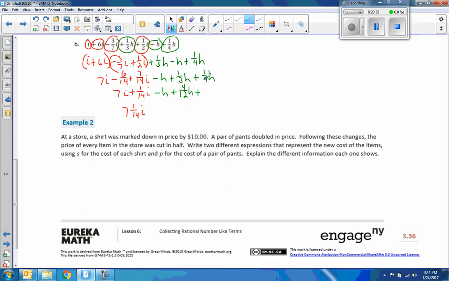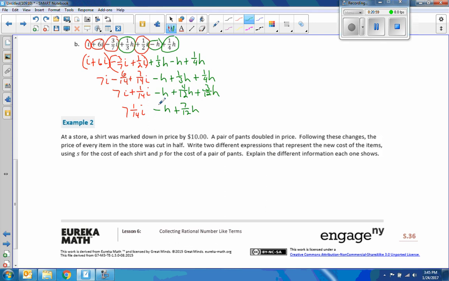I had to multiply the 4 by 3 to get 12. 3 times 1 is 3. So now I have negative h plus 7/12 h, 4 plus 3.